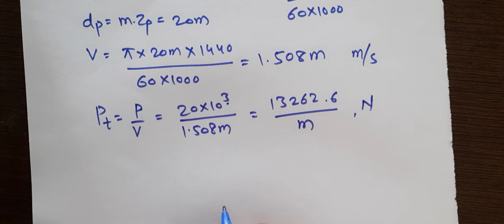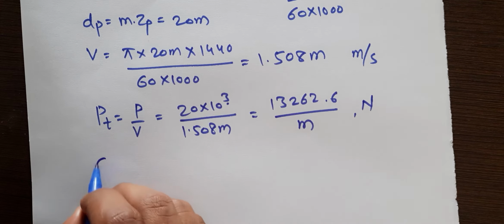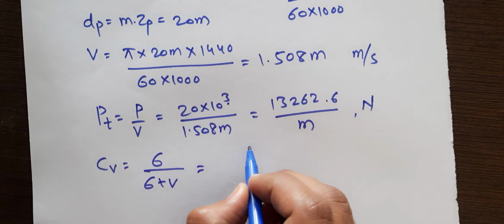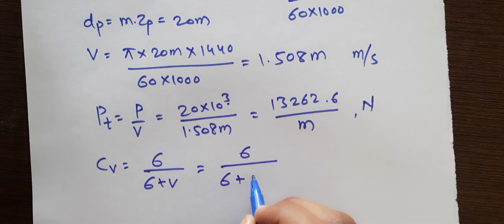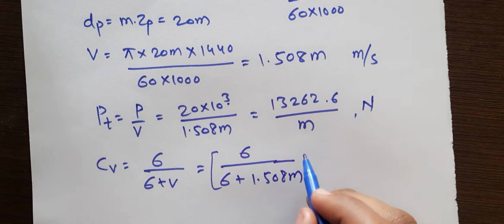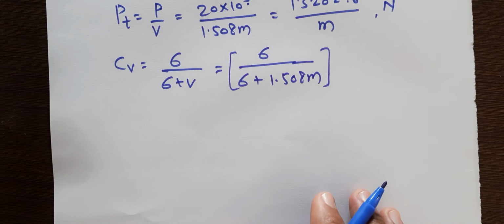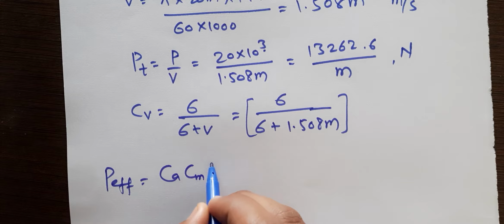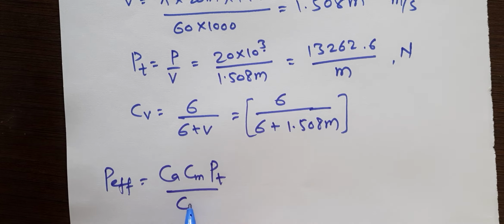Then after getting PT you need to go for CV. So CV is equal to 6 divided by 6 plus V, so 6 divided by 6 plus 1.508 module. Now we cannot solve it, so we will leave CV as it is. Now if we substitute all these values in the formula of P effective, P effective is equal to CA CM PT divided by CV.